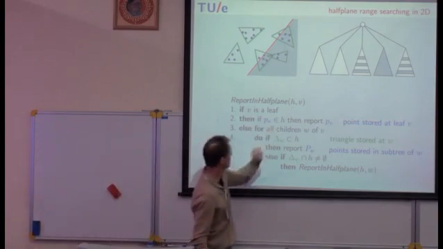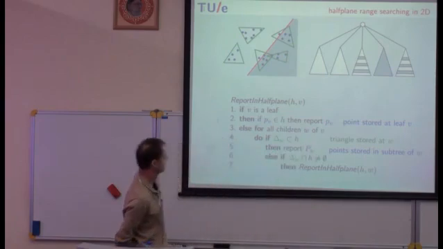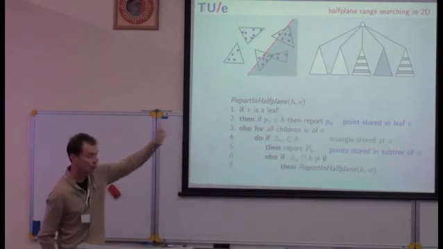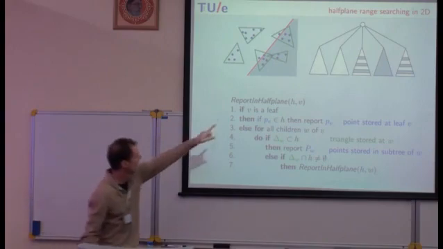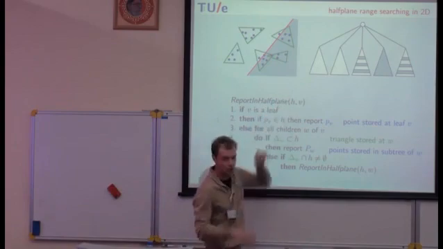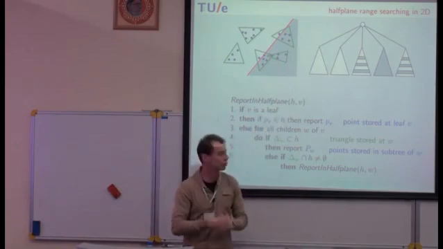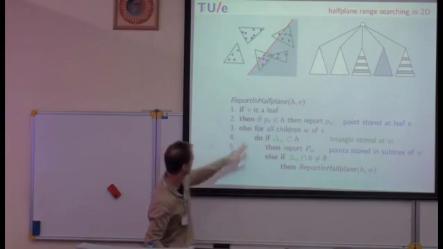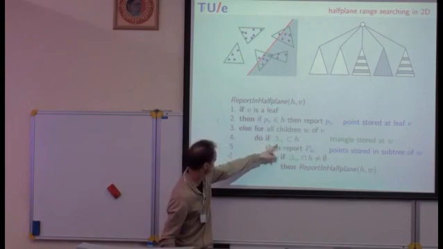If it's inside the half plane, you report it. Otherwise, you're going to look at all the subtrees. For each subtree at the root, you have stored this triangle that contains the points in that subtree. So for each of the children, you look at this triangle.